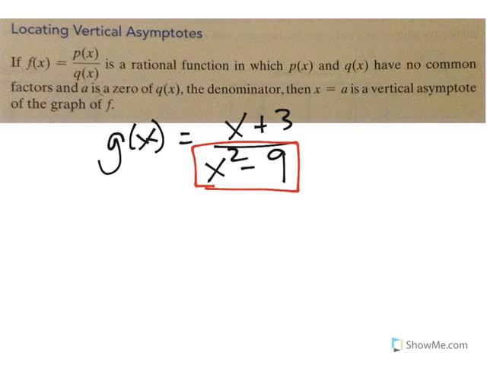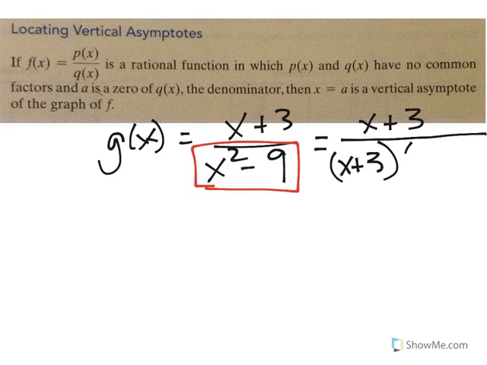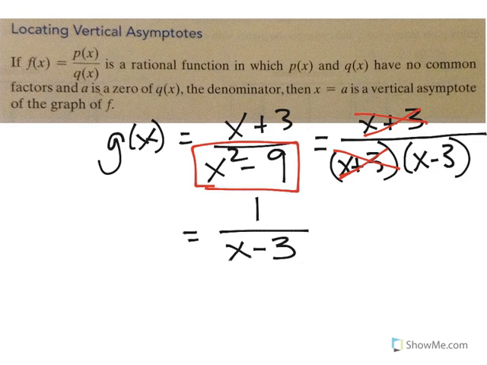Once we do that, then what we have is x plus 3 all over x plus 3, x minus 3. Now that we've done that, we can cancel some things out. x plus 3 cancels out, right? Of course it does. Now, our g of x is equal to 1 over x minus 3.